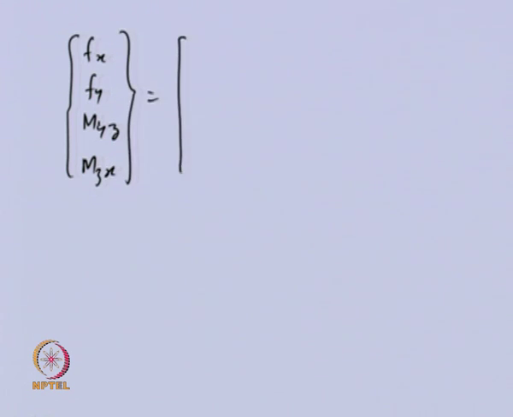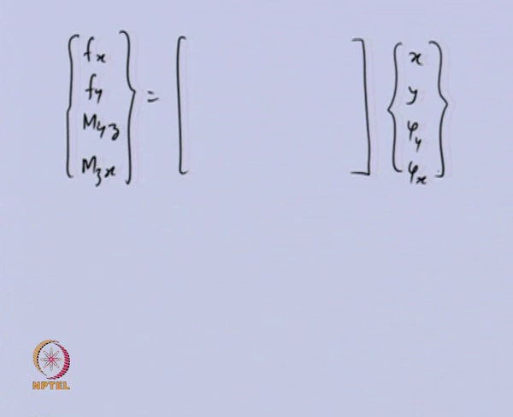This particular equation can be simplified. Once we take the inverse of this influence coefficient, that will be something like a stiffness term. So, I am writing in that form.